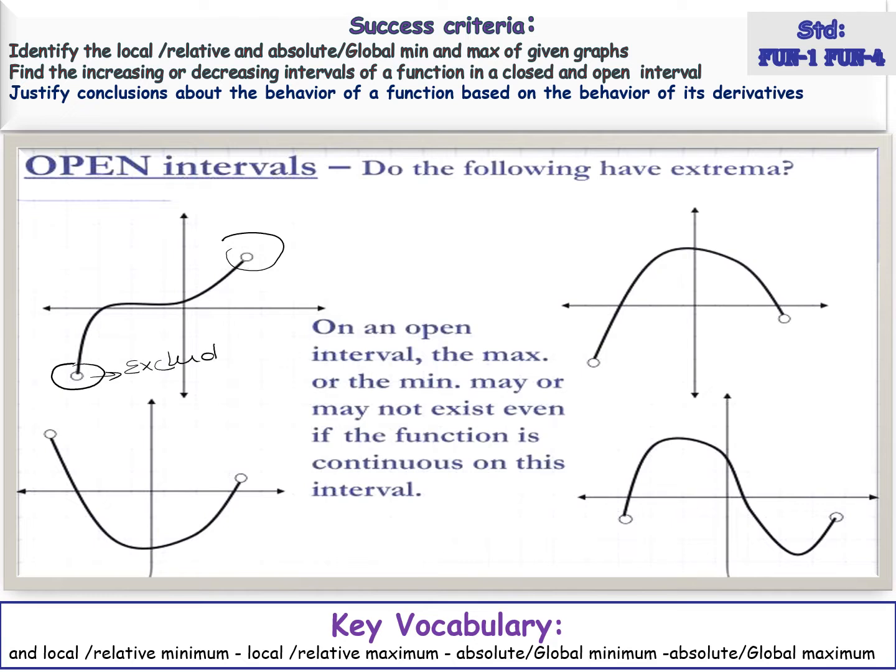It means the first point is excluded, and similarly the ending point is also excluded. So these are known as open intervals. Whenever in any graph we have excluded points at the starting and the ending, then they are said to be open intervals.